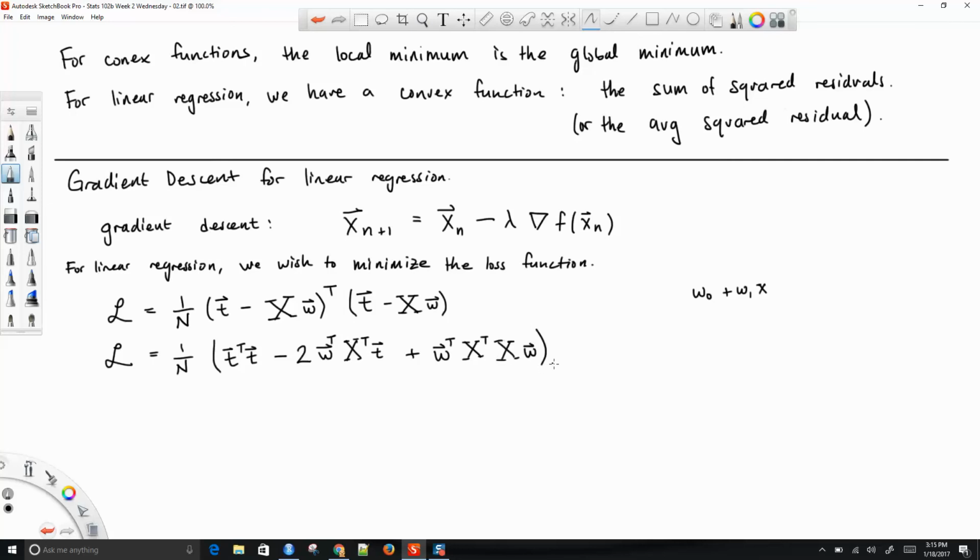I think we've already shown this earlier. And so now we want to take the gradient of L, the gradient of L with respect to w.